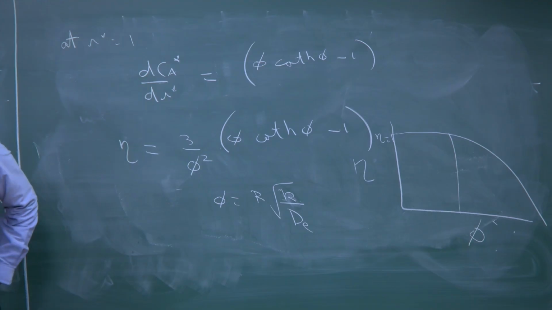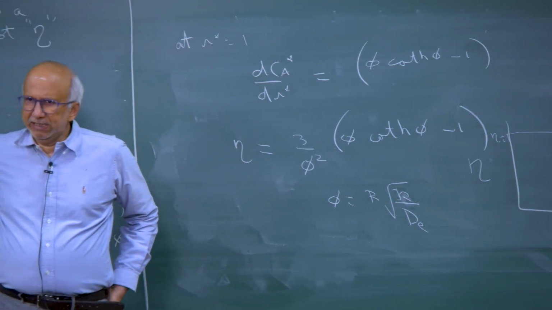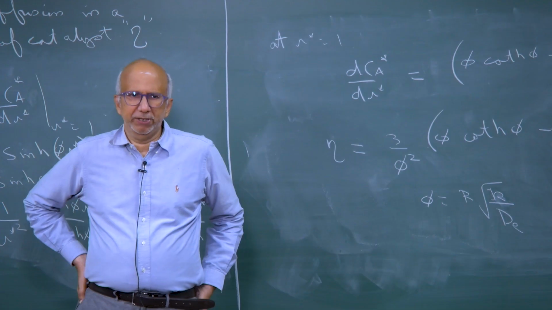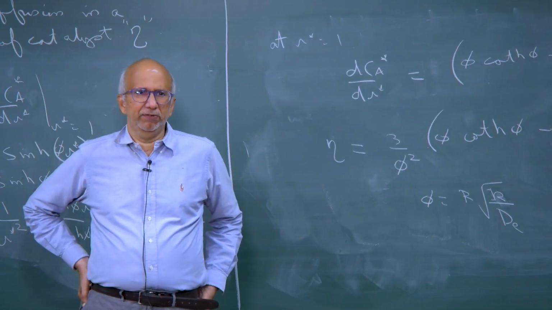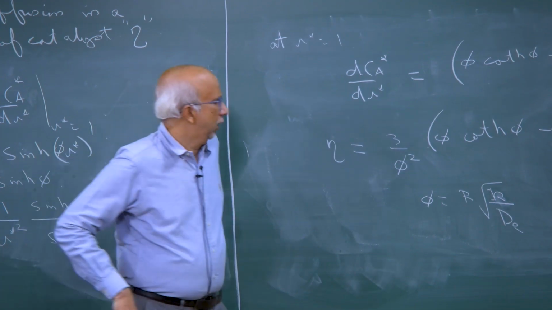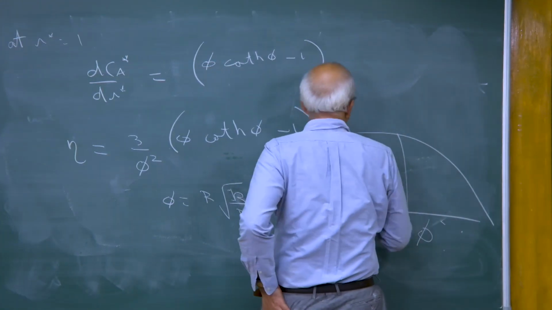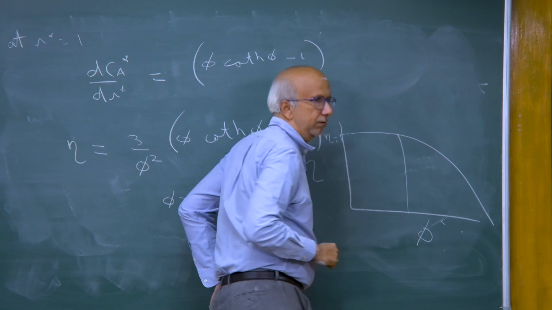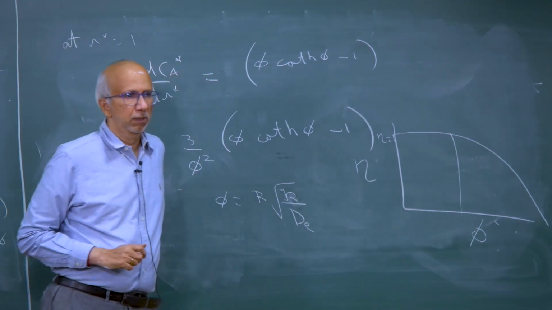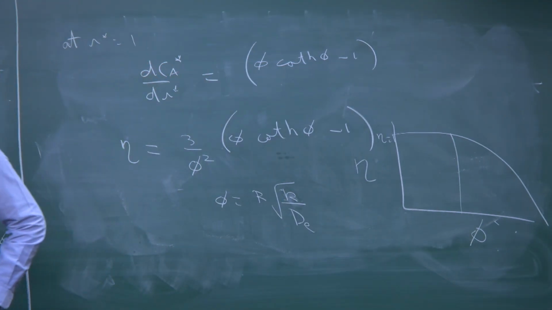So, for a given system where you know the size of the catalyst, the reaction rate constant, and let us say the effective diffusivity, phi is known. Once phi is known, you can use this graph or this formula to find eta, and you know how effective the catalyst is.